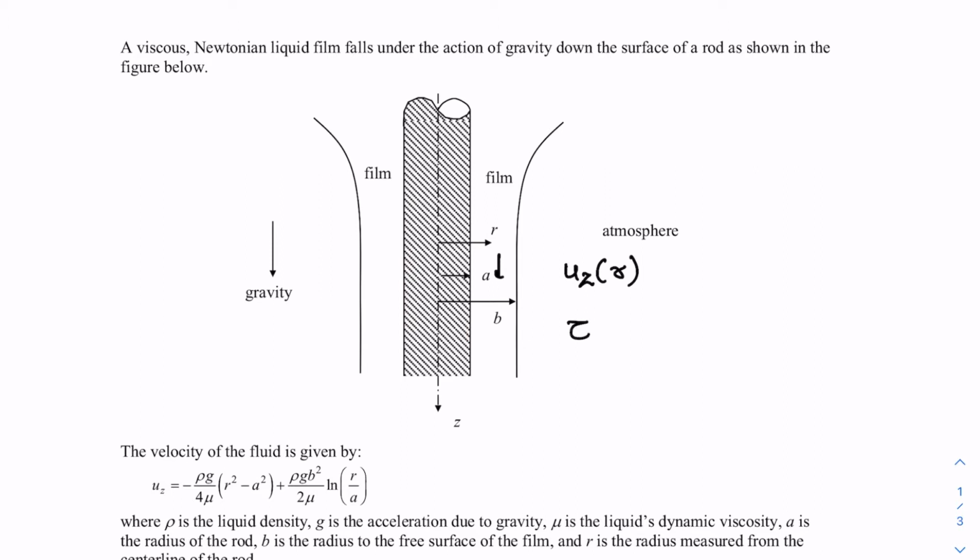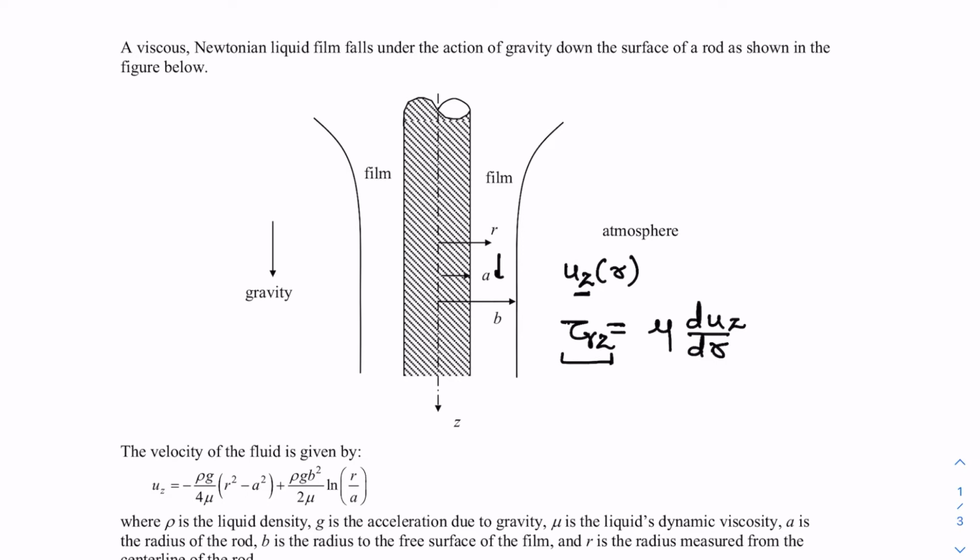Newton's law of viscosity, which tells us that shear stress is the viscosity times the gradient of velocity. In this case, we have z velocity and the gradient is in the r direction. So we will be calculating tau rz.